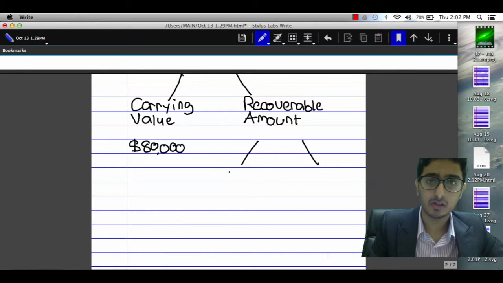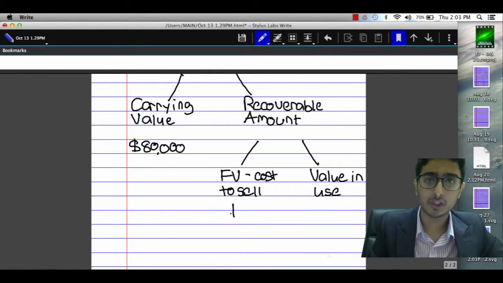Recoverable amount talks about fair value minus cost to sell and value in use. According to the question, my fair value is $78,000 and my cost to sell the asset is $2,500.